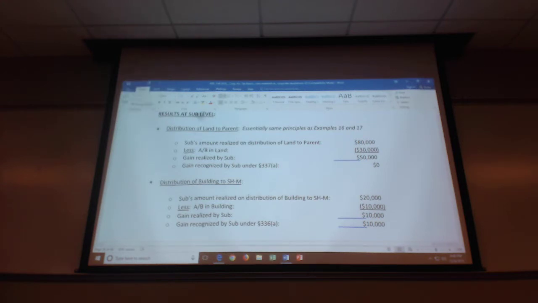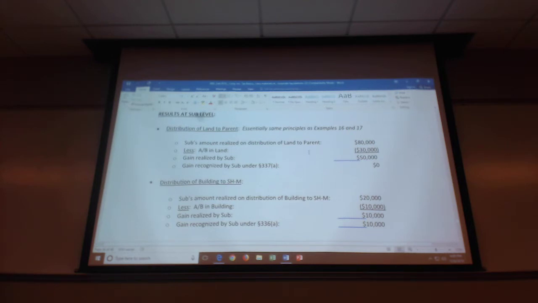Instead, the subsidiary picks up a $10,000 gain on the distribution of the property to the minority shareholder. $20,000 of value minus $10,000 of basis, even though in this example, we're assuming an $80,000 property with a basis of $30,000 is distributed to the 80% parent corporation.